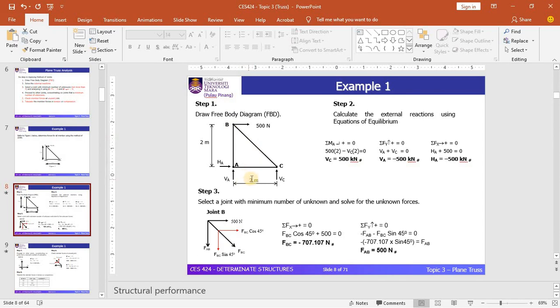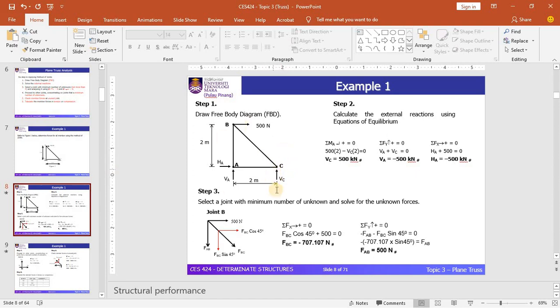You may also start from joint A, because at joint A the unknown members are BA and AC, since we have determined the reactions at the support, which are VA and HA, so there are 2 unknowns at this joint. And you can also start at joint C, because at joint C you can see only 2 unknown members. Okay, so actually there are many options to start calculating the internal forces for this problem.